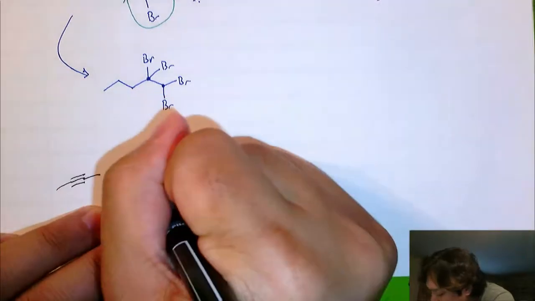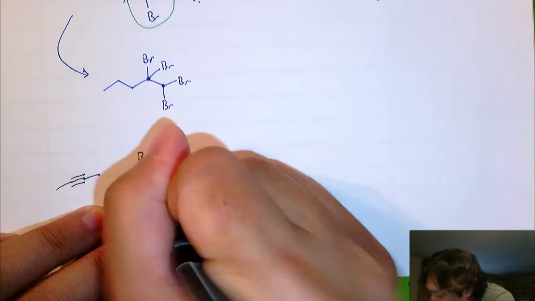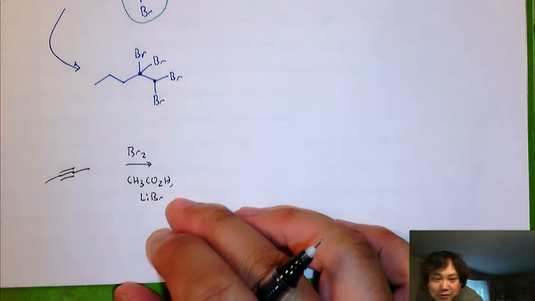One of them is acetic acid, and it's typically put in with a salt of bromine, lithium bromide. Don't worry about what these molecules do.